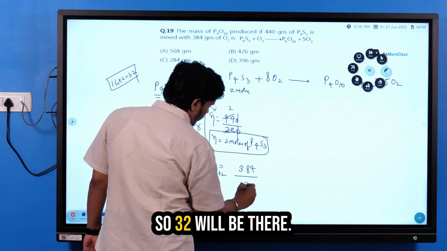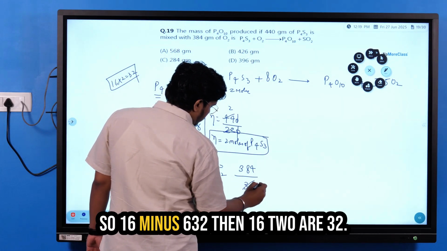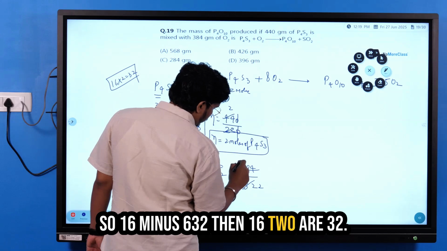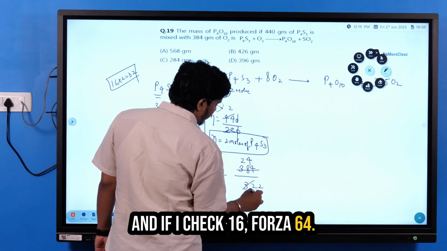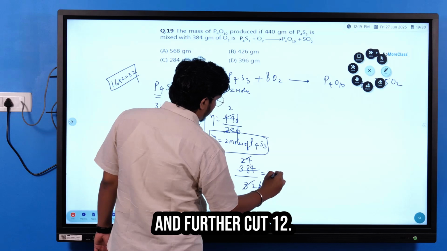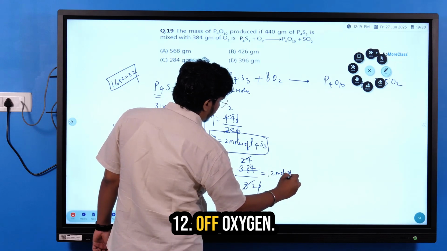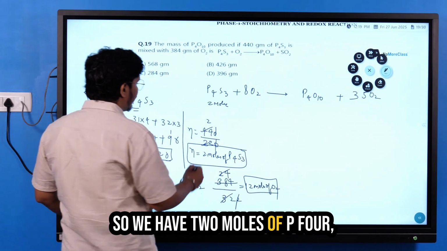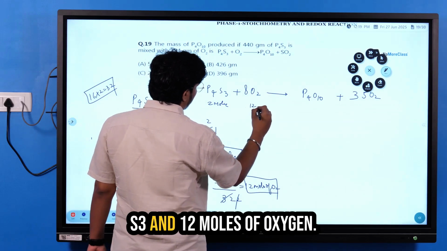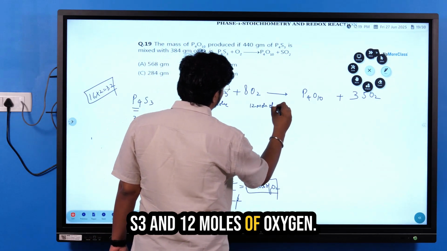So 384 divided by 32 gives 12 moles of oxygen. So we have 2 moles of P₄S₃ and 12 moles of oxygen.